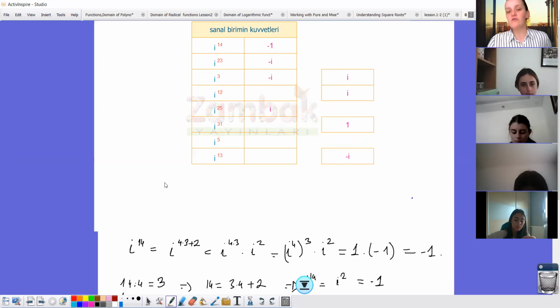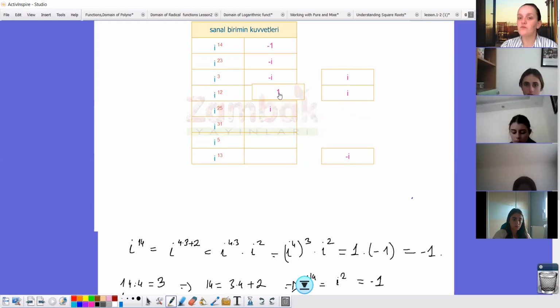What about i to the power of 12? 12 is divisible by 4, so there won't be any remainder, yes? It's 1. So what will be the result here? 1.